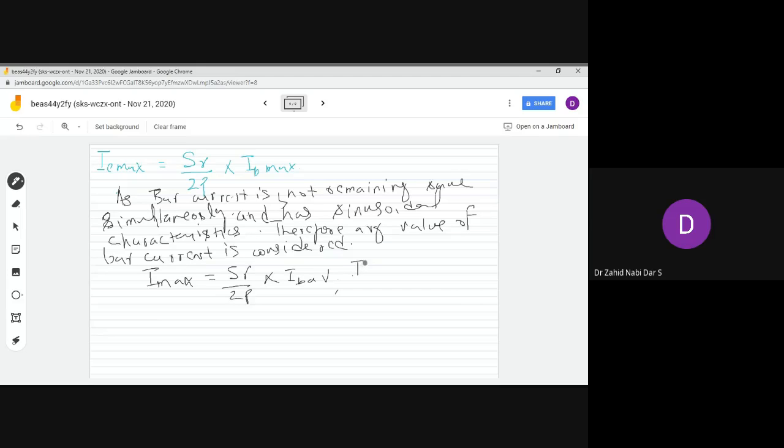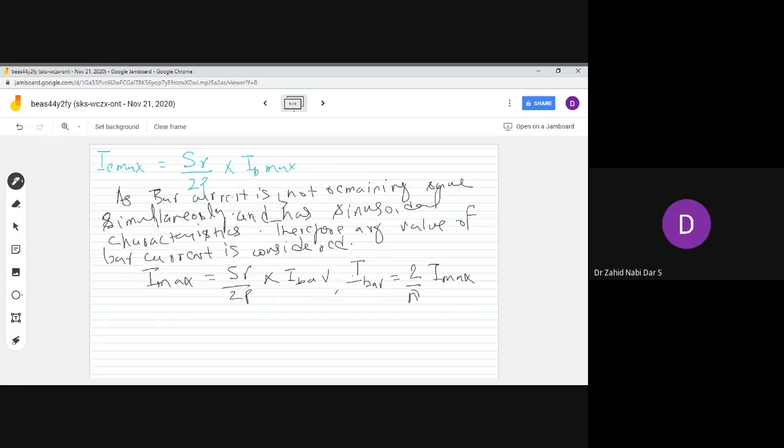RMS value means maximum value divided by root 2. Average value means 2 by pi of maximum value. We studied this in the first year only. IB average would be equal to 2 by pi into I max. If you do this, it will come around 0.636. So this would be the value.